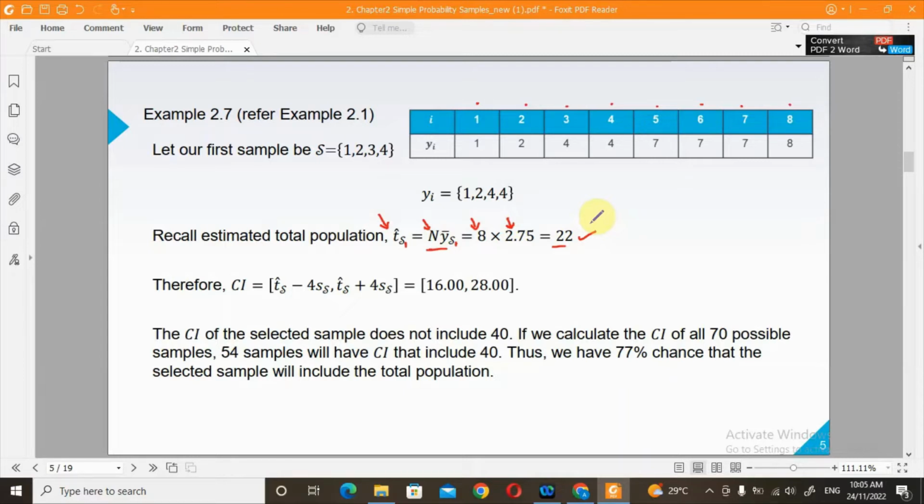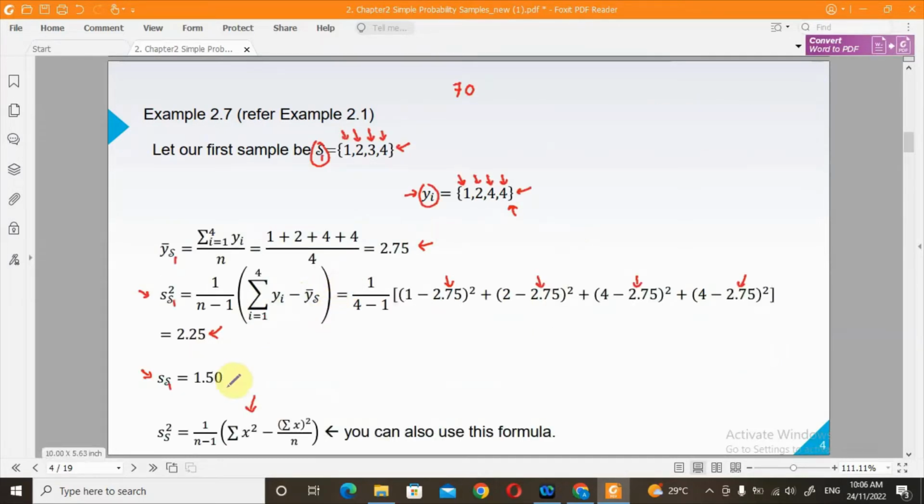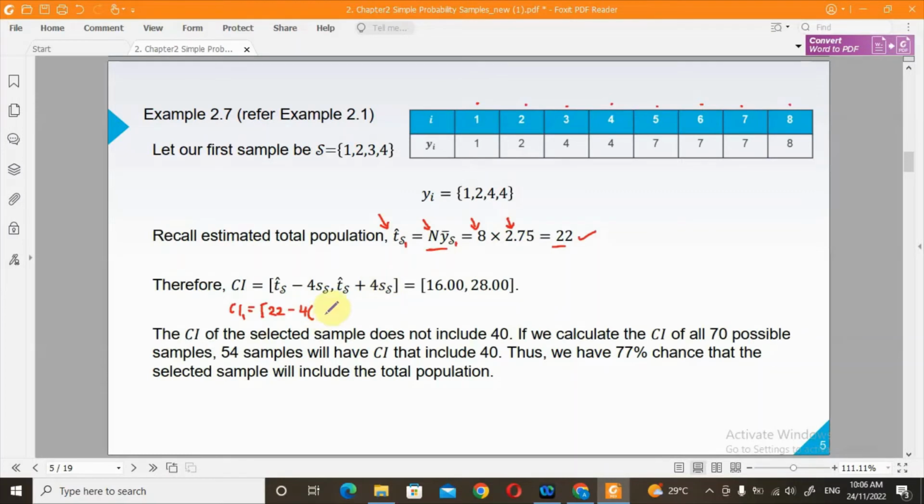Since we already have the estimated population total for possible sample number 1, and we have also calculated the standard deviation, I think I should write it here. For sample number 1, the confidence interval will be the estimated population total, that is 22, minus 4 times the standard deviation, which is 1.5.